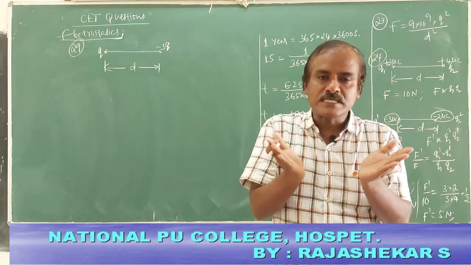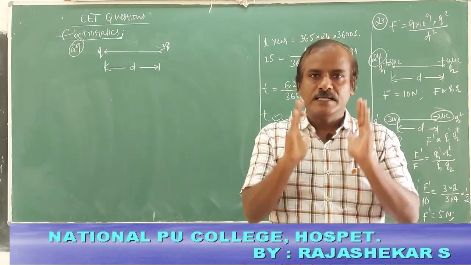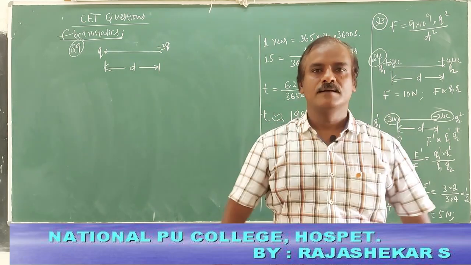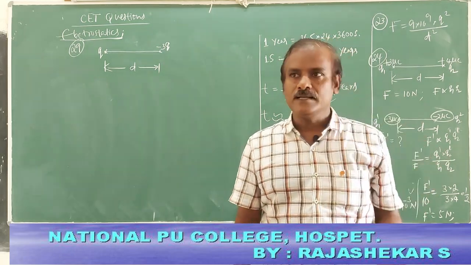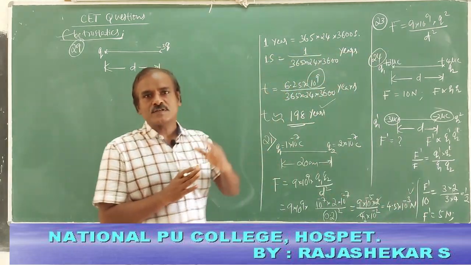For like charges, neutral points are found in between. For unlike charges, on the other side. But in both cases, always nearer to the charge of small magnitude.